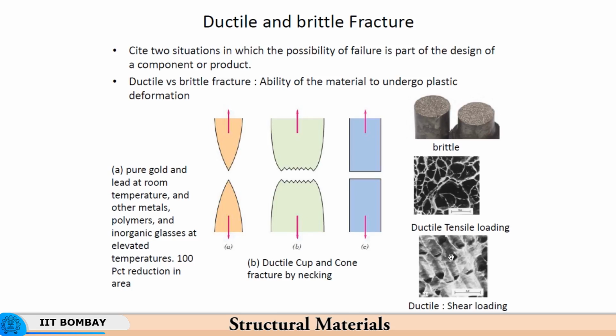So, that is why there is a reduction in area which is substantial compared to what you have here, but then it is not as large as what you have here. So, this is an extreme case of ductility, extremely high level of ductility as in the case of gold, and many of the face centered cubic materials exhibit very high levels of ductility, and they exhibit extremely large reduction in cross sectional area at the time of fracture.